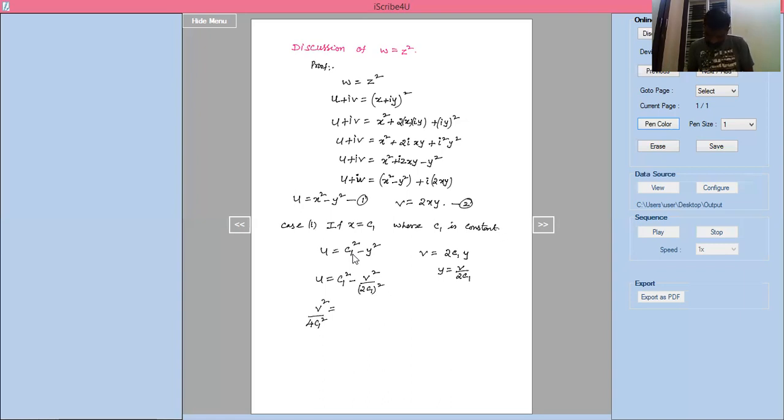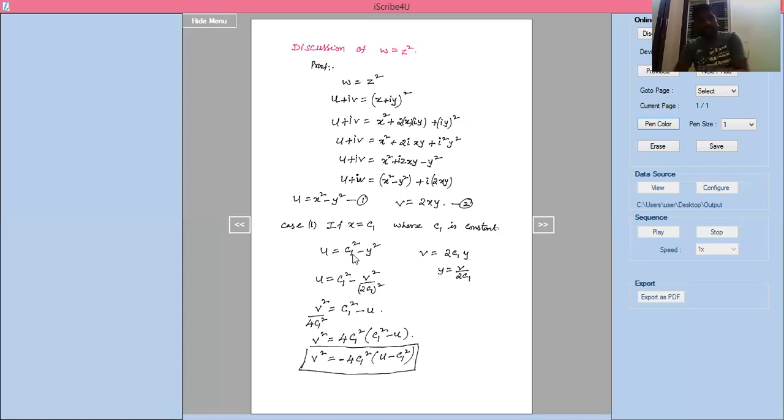So V square equal to 4C1 square into (C1 square minus U), which is V square equal to minus 4C1 square into (U minus C1 square).